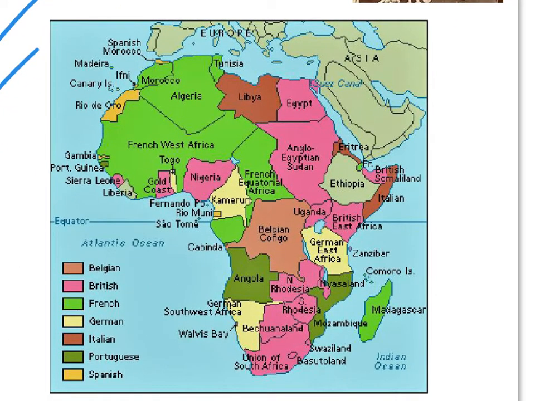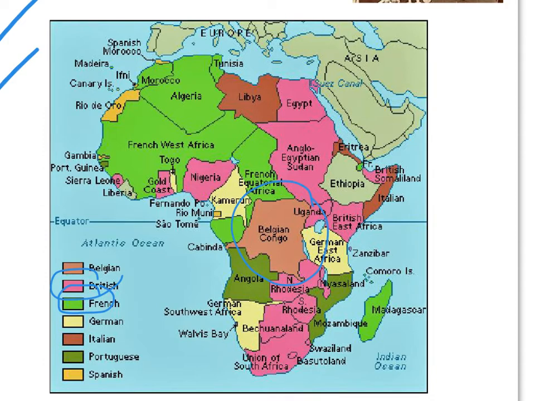And as you can see, the French in green had huge swathes of colonies in Africa. The British in pink, again, huge swathes, Egypt, Sudan, many from north to south. And even Belgium had a great big colony there. The Portuguese had colonies.